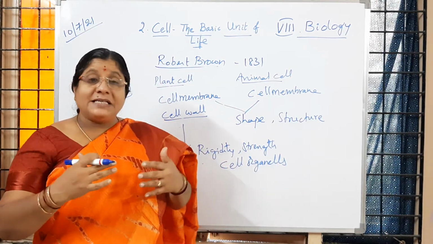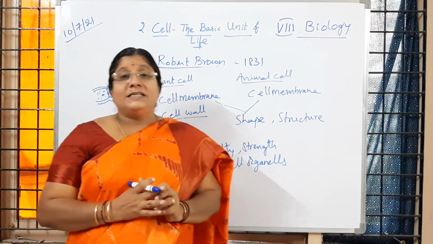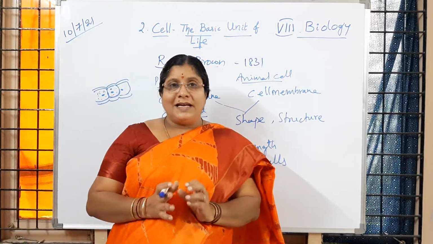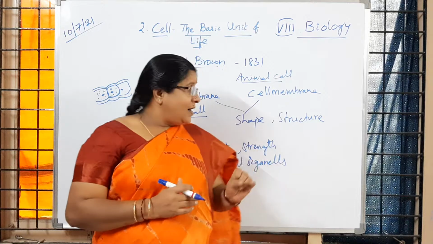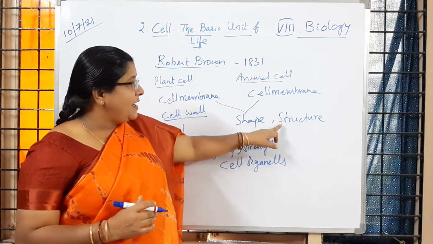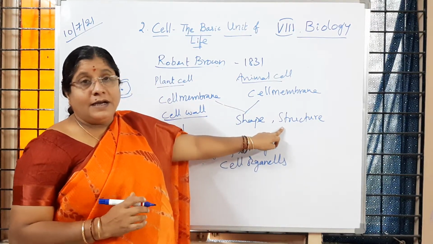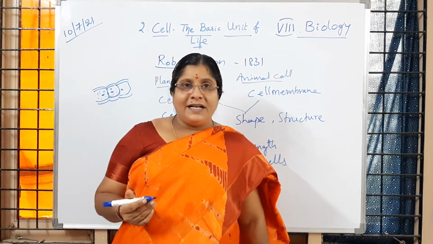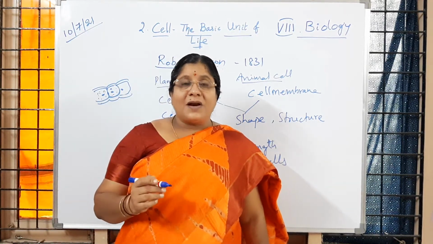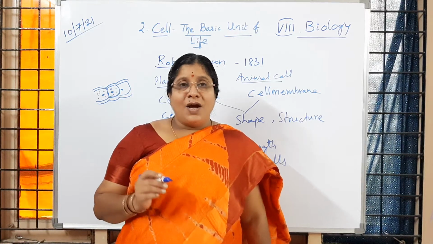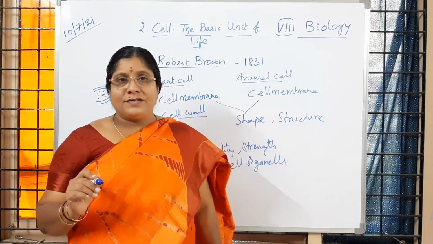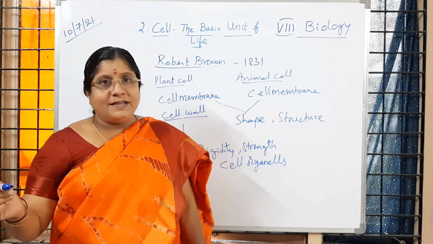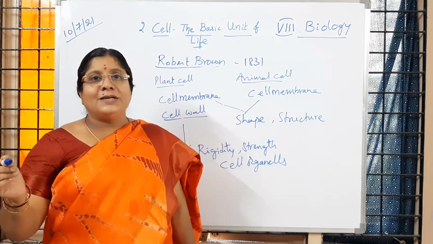The entry or exit of materials is happening through the cell membrane. Not only is it giving shape and structure, it is allowing certain materials. What are those certain materials which are entering? For example, for the process of photosynthesis, water and carbon dioxide have to enter inside the cell. So they have to reach the chloroplast.